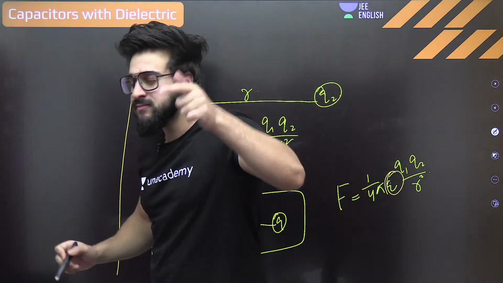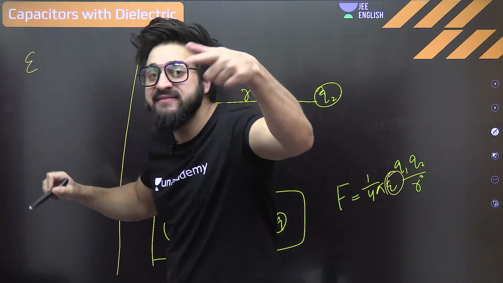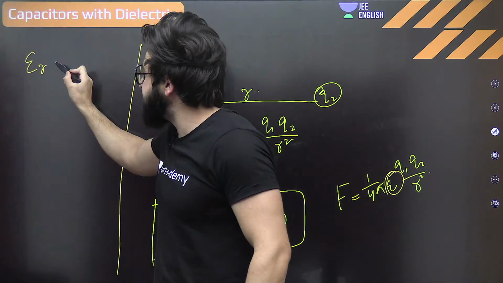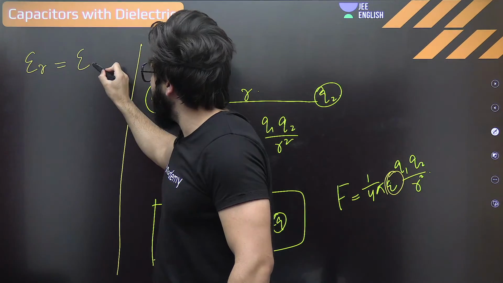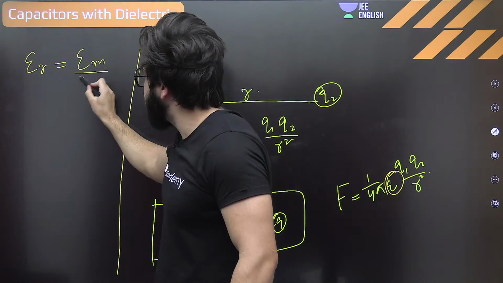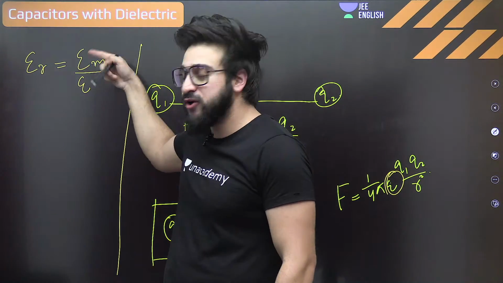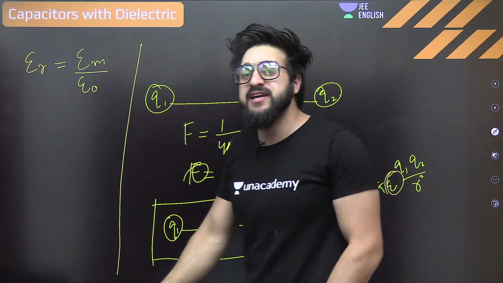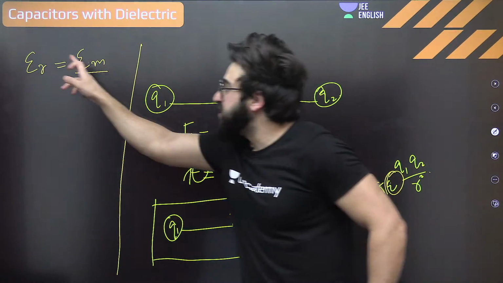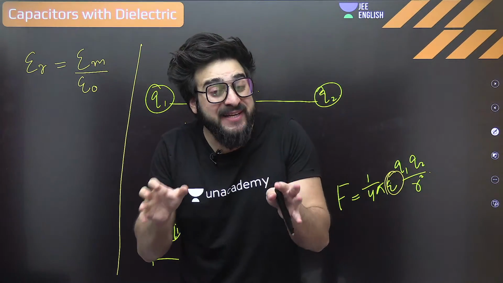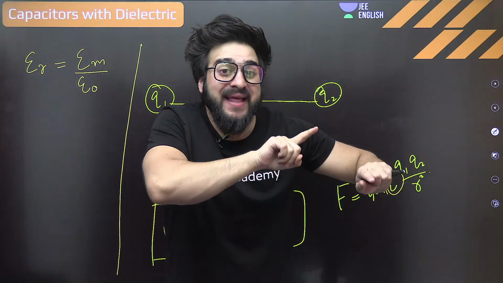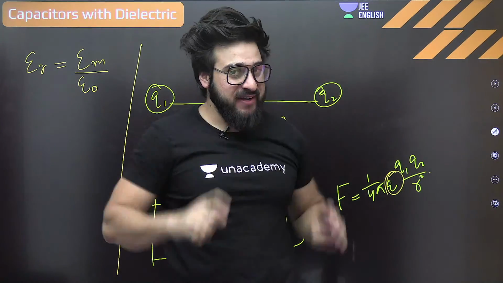Now, there is a term that we call the relative permittivity, that is ε_r. We said this relative permittivity is nothing but the permittivity of any medium upon the permittivity of free space. Now, this relative permittivity is telling us what is the permittivity of any medium as compared to the permittivity of free space.